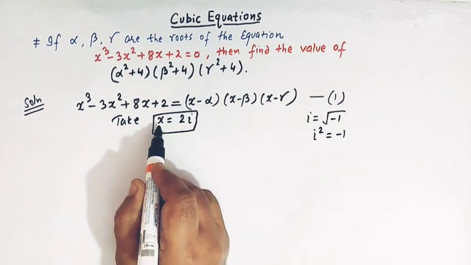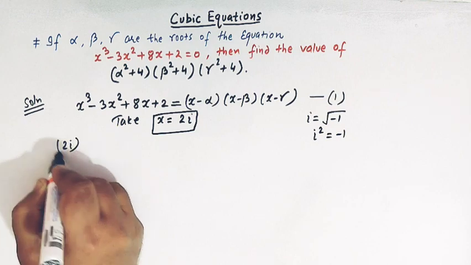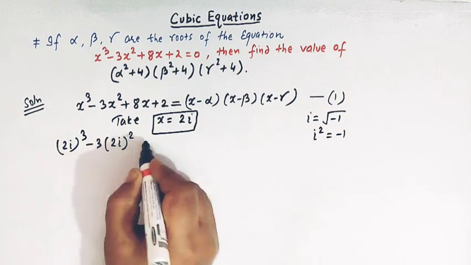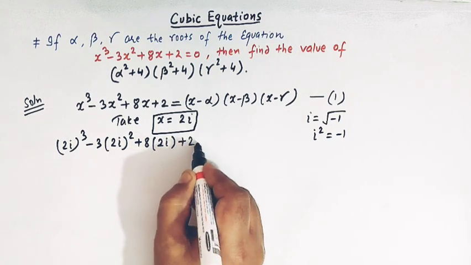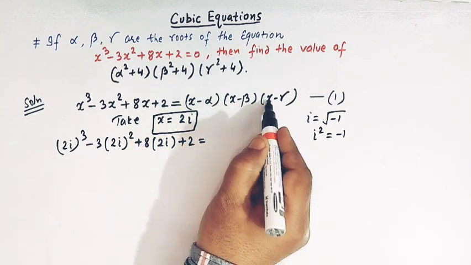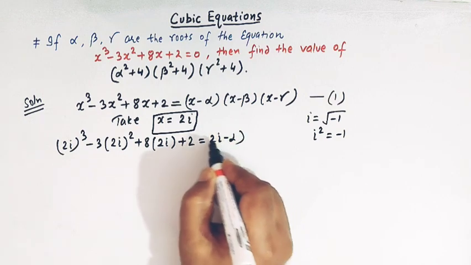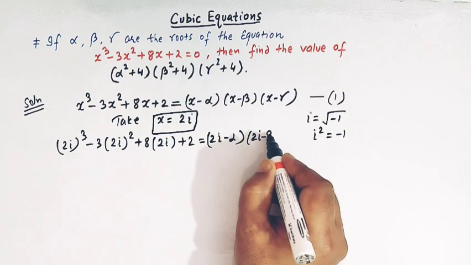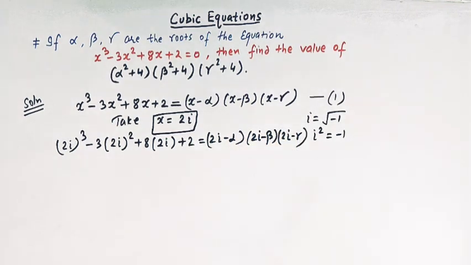Now when we take x is equal to 2i, we get (2i) cube, and here we have 3 times (2i) square, here we have 8 times 2i, and here we have plus 2, and for the right side we can write 2i minus alpha, then 2i minus beta, and 2i minus gamma.